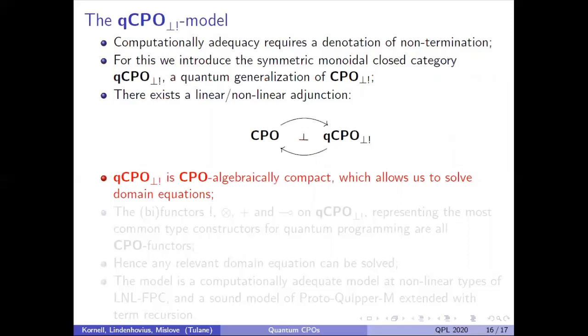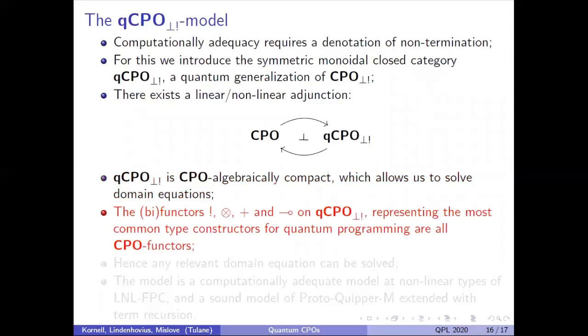And moreover, it turns out to be CPO-algebraically compact, which means that any domain equation involving an endofunctor, which is a CPO functor, can be solved. Now, moreover, we have the functors: the bang, the tensor product, the coproduct, and the monoidal closure.